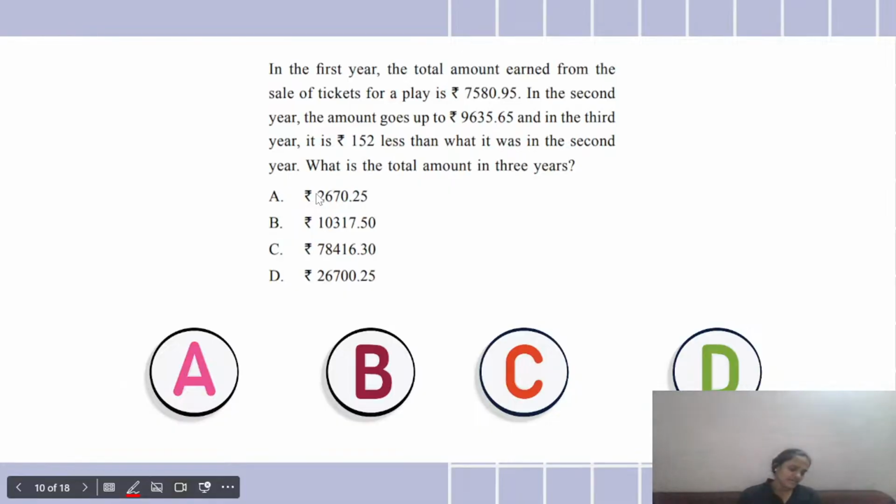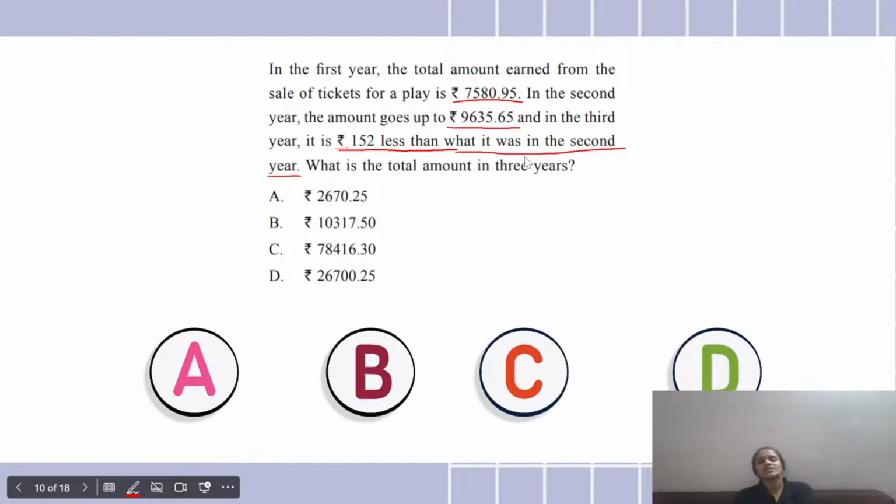Question number 8, which reads like this. In the first year, the total amount earned from the sale of tickets for a play is this. First year, इतनी कमाई होती है. In the second year, the amount goes up to 9,635.65. And in the third year, it is rupees 152 less than what it was in the second year.